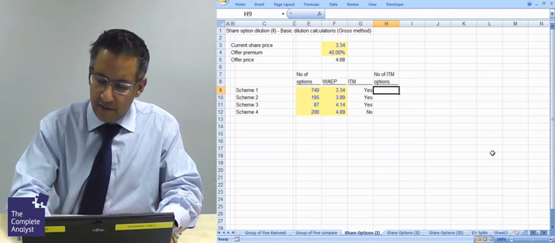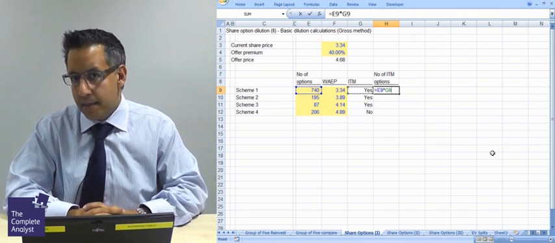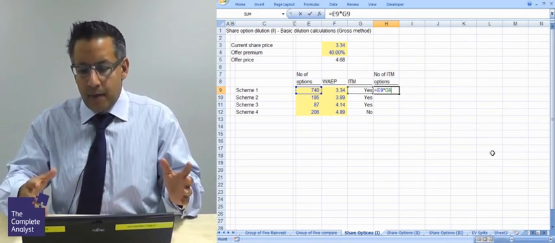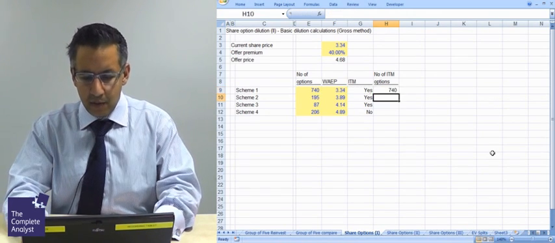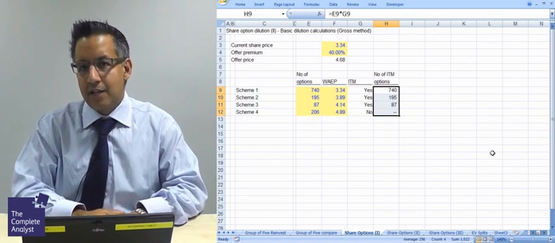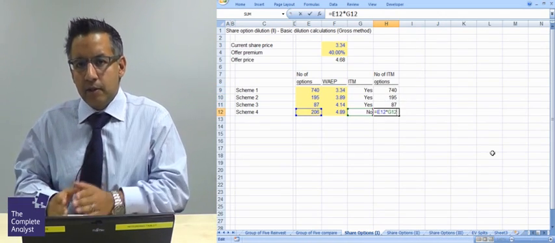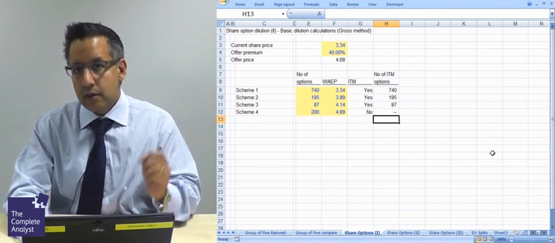And that makes it very easy for me to work out how many share options do I have that are in the money. And all I'm going to do here is the 740 multiplied by yes. But yes is a number 1. The no is a 0. So we have a very simple calculation that says, when we get down to scheme 4, 206 multiplied by 0, no, gives us 0.